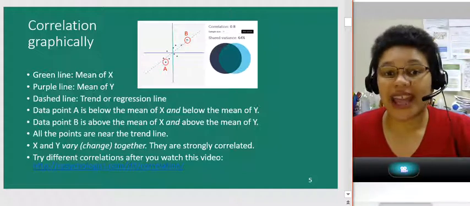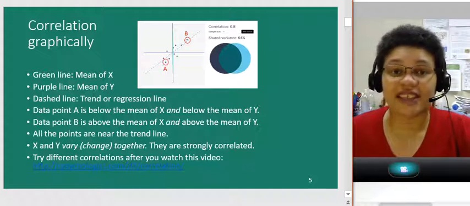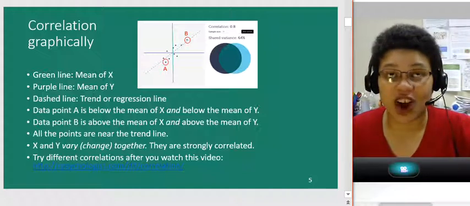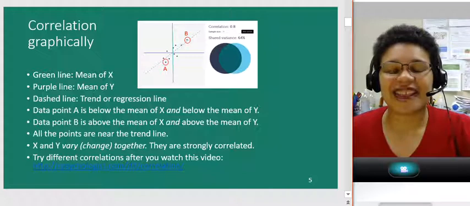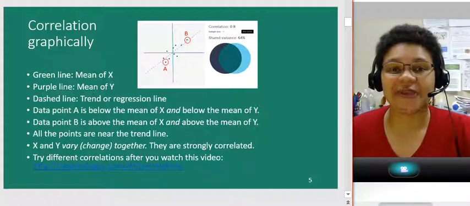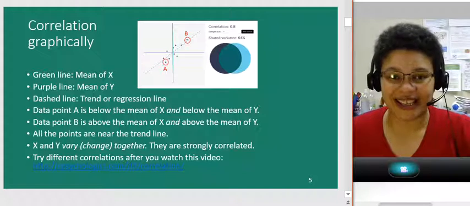So data point A corresponds to someone who eats very little meat and their heart effort is low. Their heart doesn't have to work very hard. And then data point B is someone who eats lots of meat and their heart effort is high. Their heart has to work very hard.